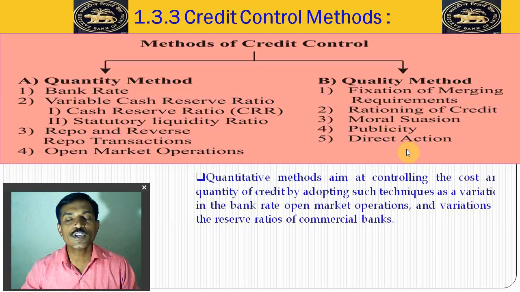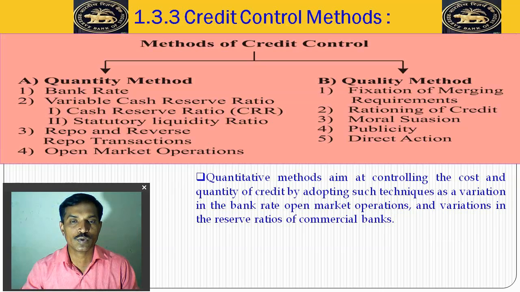So what is the quantitative method? The techniques adopted by the central bank with the aim of controlling the cost and quantity of credit are the quantitative methods. Therefore they use the bank rate, open market operations and variation in reserve ratio. The purpose of this quantitative method is to reduce or increase the quantity or volume of money in the economy.